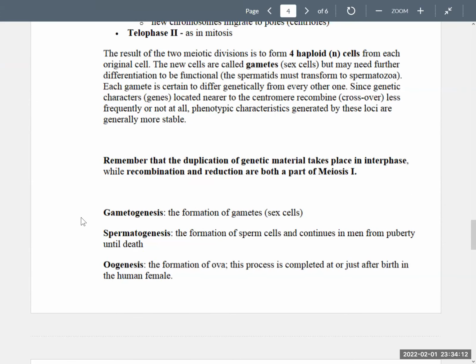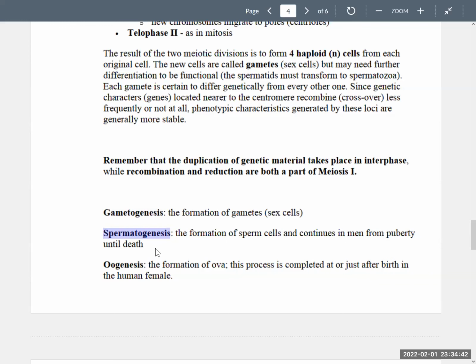A couple of terms. In meiosis, we have gametogenesis, the formation of gametes or sex cells. All gametes are 1N and are genetically dissimilar. In the male, the process of gametogenesis is called spermatogenesis.